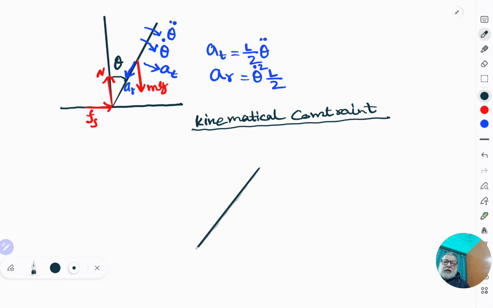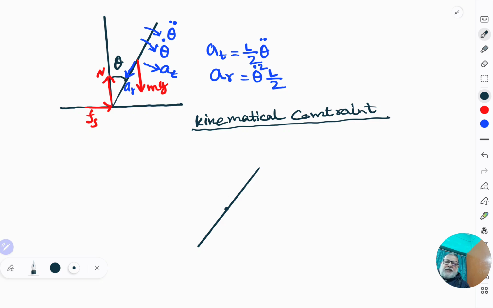This is the rod at any instant t, and at the center of mass of the rod I take my reference frame. This is a non-inertial reference frame.